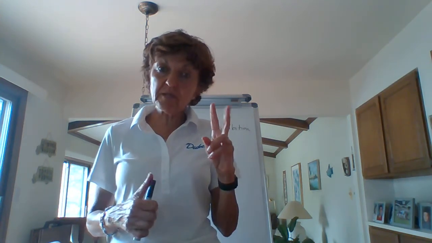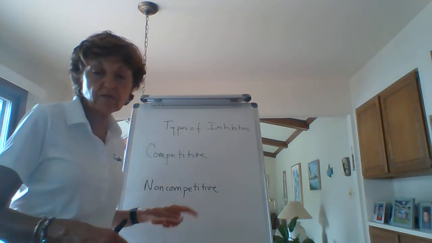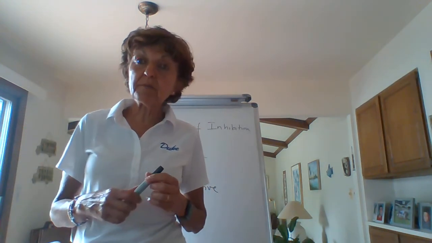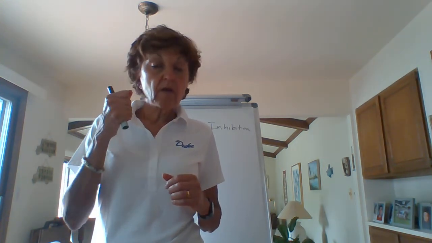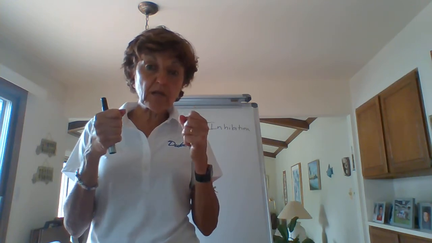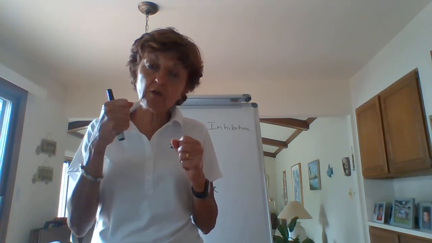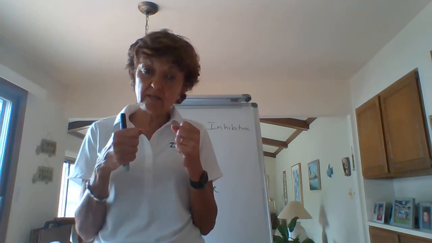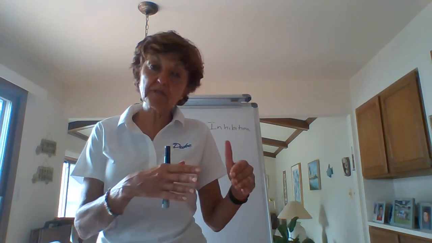There are two types of inhibition: competitive inhibition and non-competitive inhibition. Competitive inhibition means that you have an inhibitor molecule that prevents the substrate from binding to the active site. That inhibitor molecule looks exactly like the substrate, so it competes with the substrate for the active site.